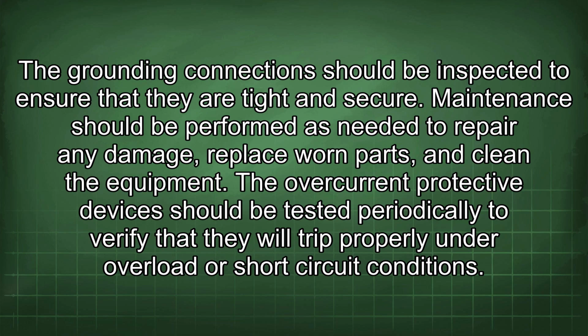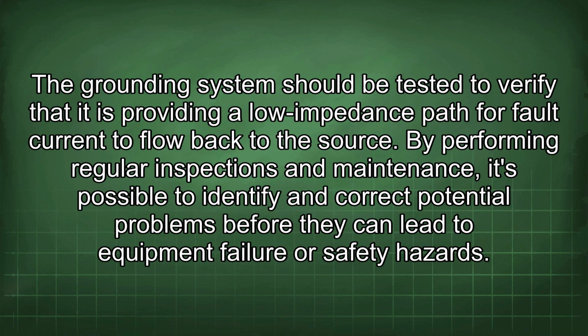Maintenance should be performed as needed to repair any damage, replace worn parts, and clean the equipment. The overcurrent protective devices should be tested periodically to verify that they will trip properly under overload or short circuit conditions. The grounding system should be tested to verify that it is providing a low impedance path for fault current to flow back to the source.